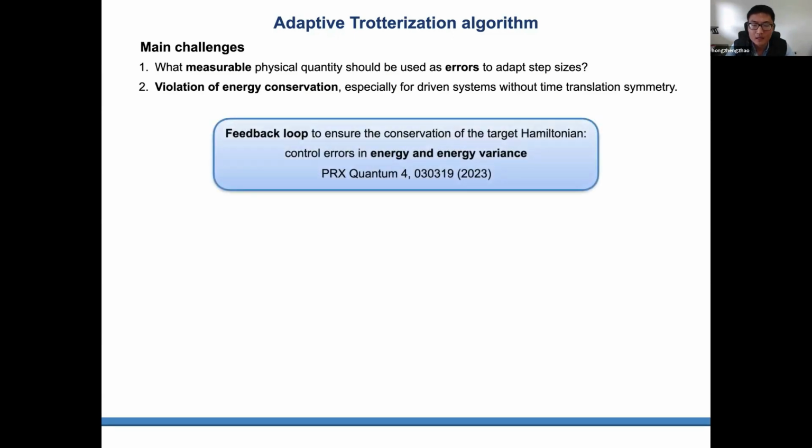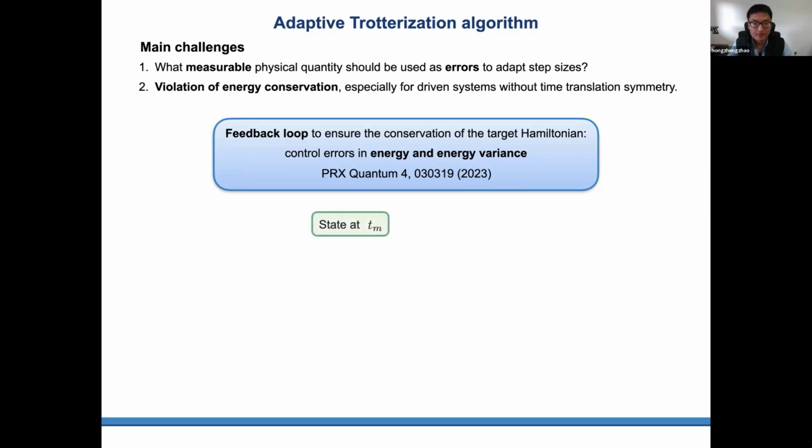But we propose a feedback loop to solve these two challenges, which ensures the conservation law of the target Hamiltonian approximately. And the key error that we figure out that you must control is the energy and the energy variance of a many-body system.